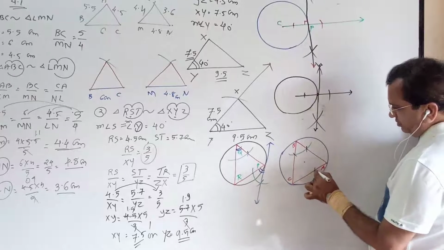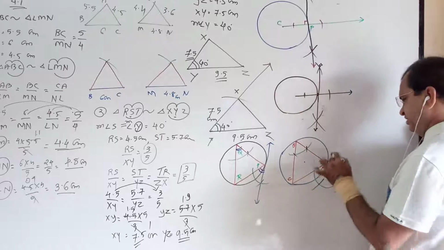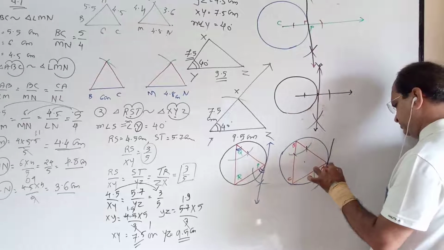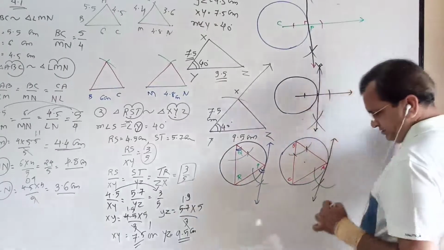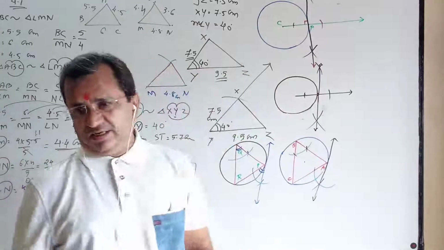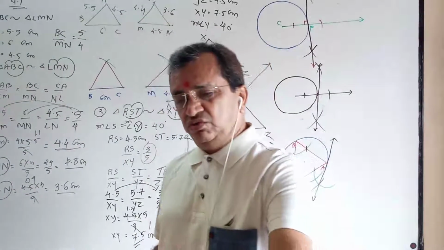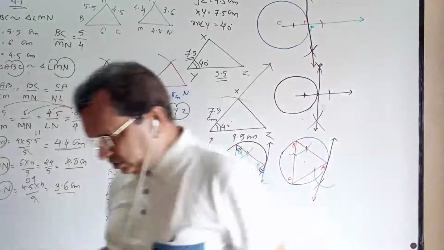Now from here already one point is there. So to get the second point you just cut here, and that point you have to join with this triangle point. So these two diagrams show how to draw it.